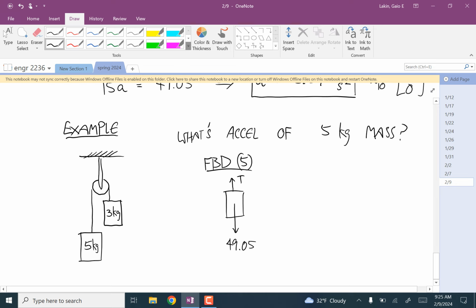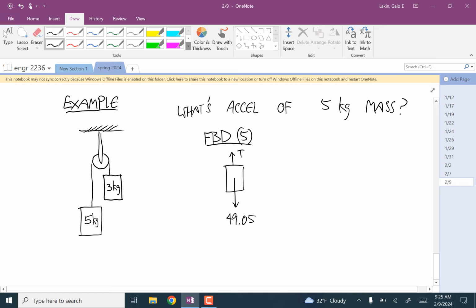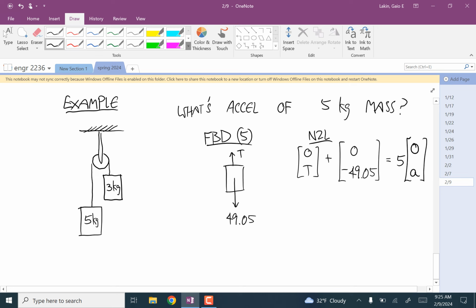I'll call it T. So Newton's second law says 0t plus 0, negative 49.05 is equal to the mass times the acceleration. This is going to accelerate along the y-axis. I'm just going to put it in as 0A.